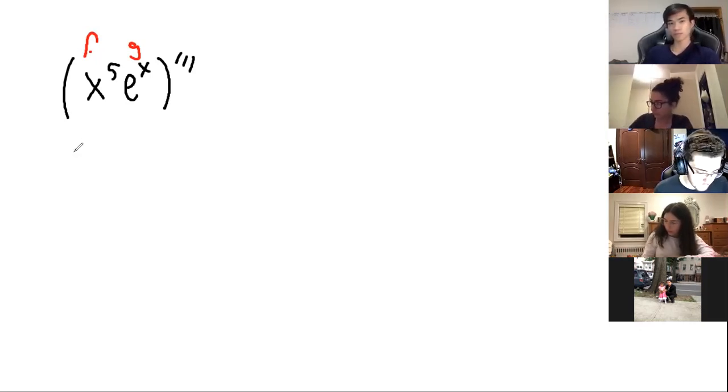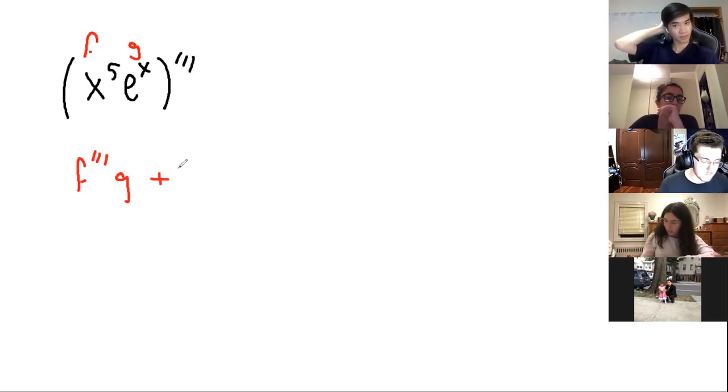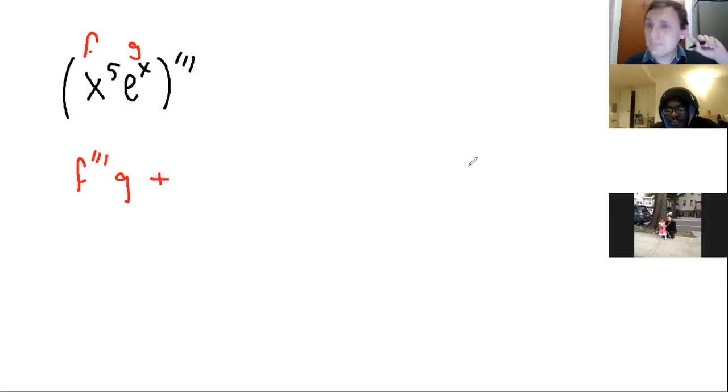So first, what do we have here, guys? The formula that we're searching for is F triple prime times G plus, what do I write next? Plus, what's the next coefficient? F double prime, and then G one prime. And then don't forget there is a 3.